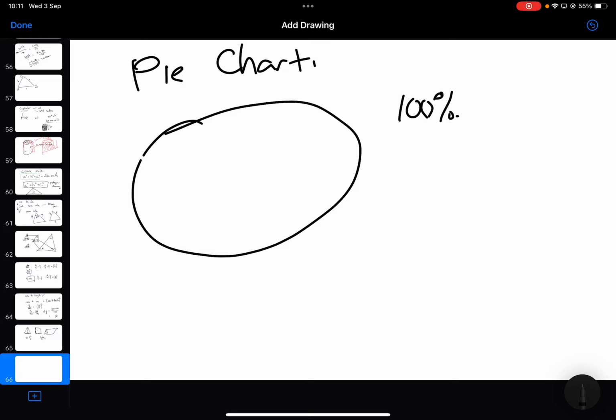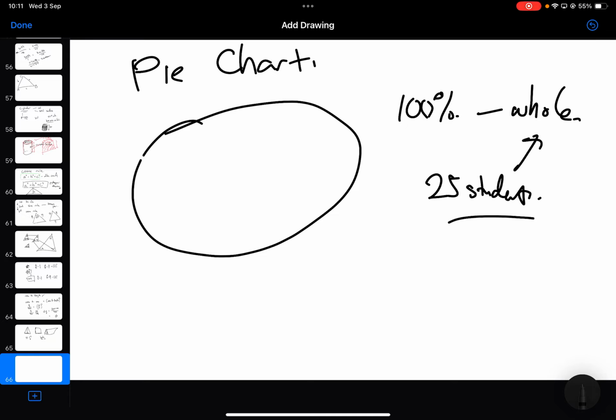We can compare things to 100%. And that is the whole. Everything. Let's say our class got how many? 25. Then 25 students. If 25 students in the class, 25 students is the whole, 25 students is also the 100%. Okay?